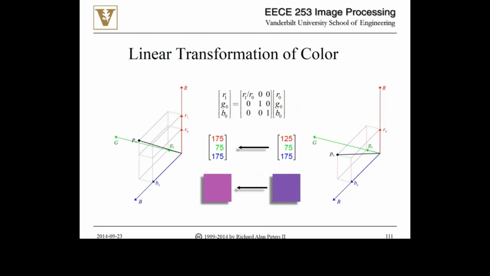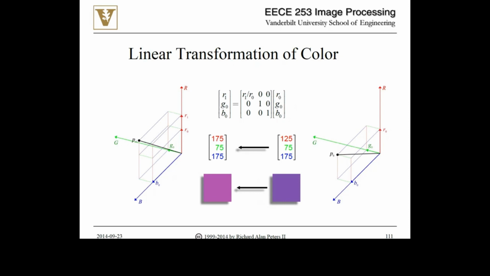Okay. Let's say that I use linear transformations and I use this matrix. If I use that matrix, what I'm doing is just a scaling of the red color. I'm not mixing the three channels, and I'm taking just the R0 and multiplying by some scalar.